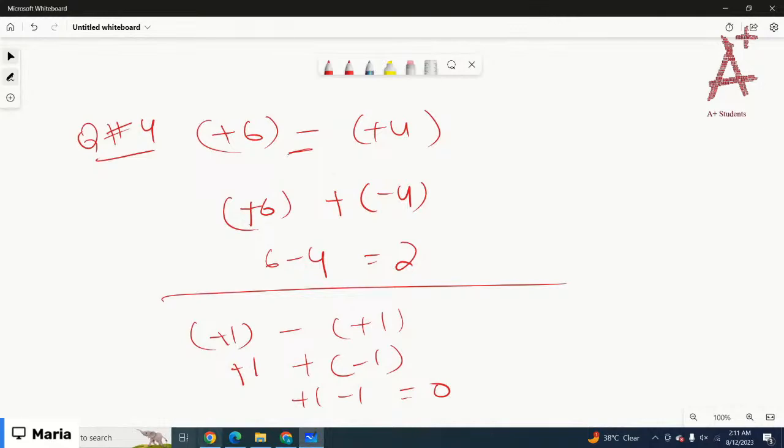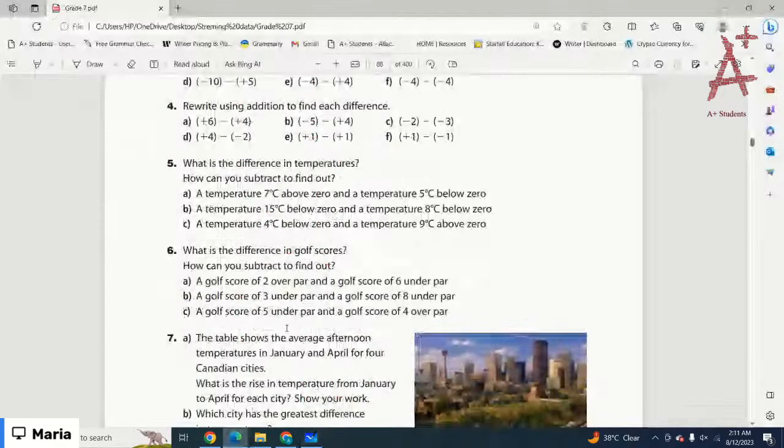The next one is question number 5. What is the difference in temperature?